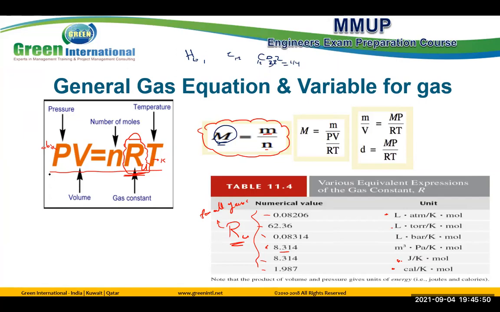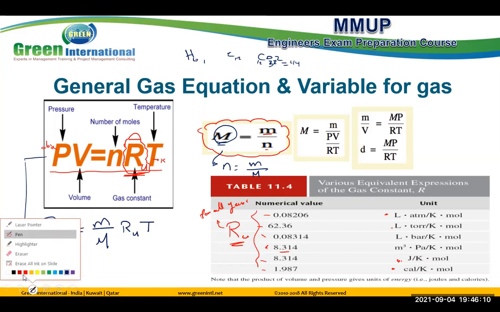To convert this to the other equation, let's see here, PV equal, this is n, we substitute n by this equation. So n is equal to m by M. Let's write m by M, R universal, temperature.